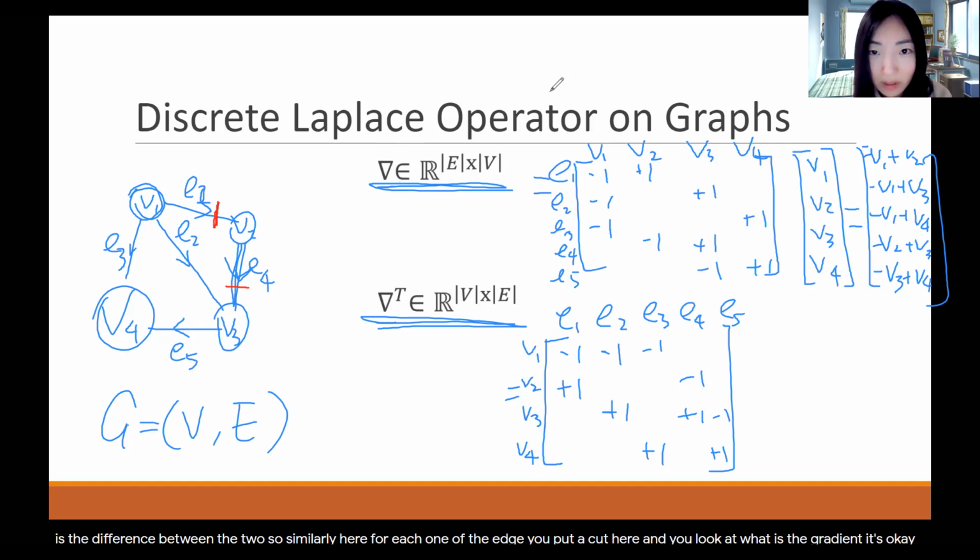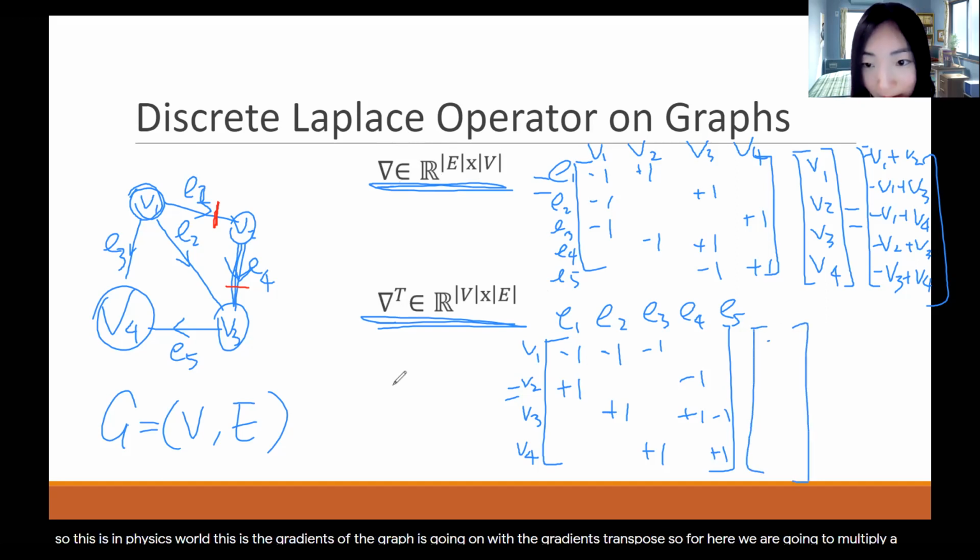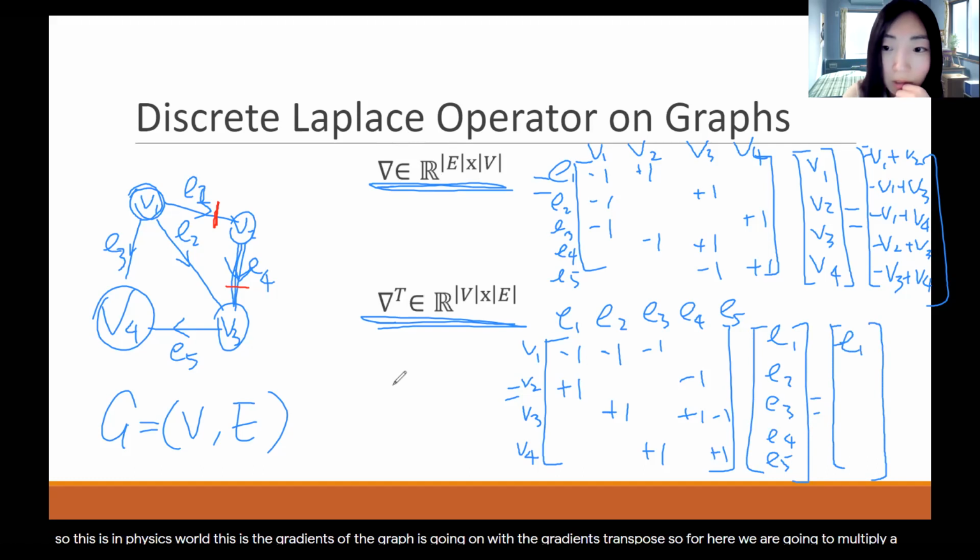Now let's see what's going on with the gradient transpose. Here we are going to multiply a vector of dimension 5: E1, E2, E3, E4, and E5. This means you're going to have negative E1 minus E2 minus E3 for the first entry.